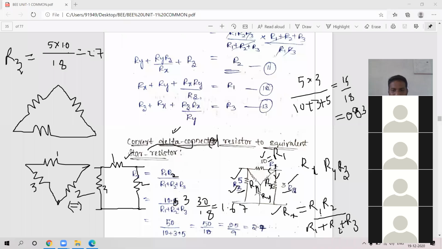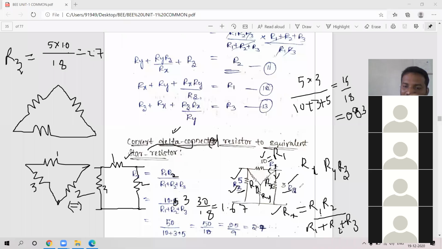That means whatever values you assumed for Rx previously, now for analysis I made Rx here. Either clockwise or anti-clockwise, this is just an assumption. But between those two resistors you have to get the correct values.